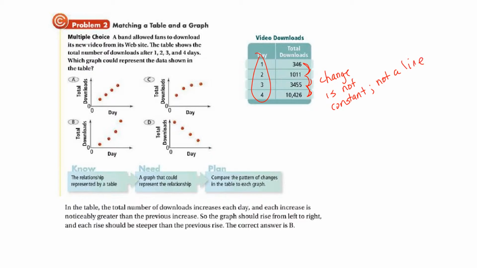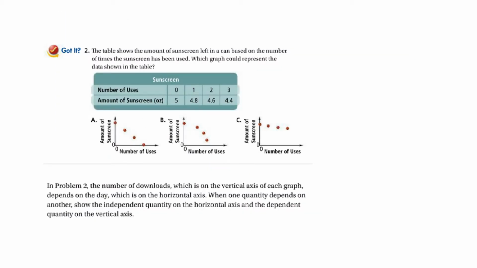So that means I can rule out A and D. And then if I look and see, I start small and get larger, so that rules out C, which leaves me with answer B. I'd like you to try the Got It problem 2 here, also on your own, and we will check these together in class.